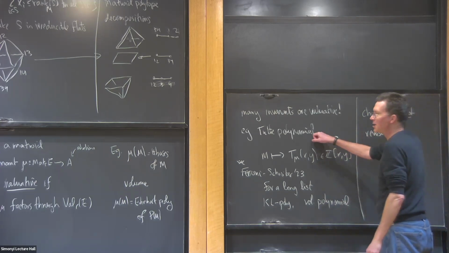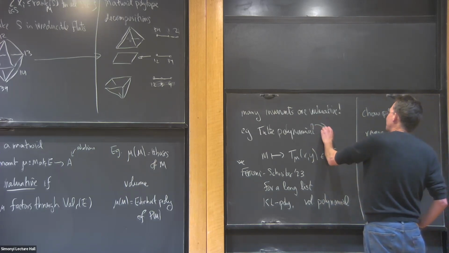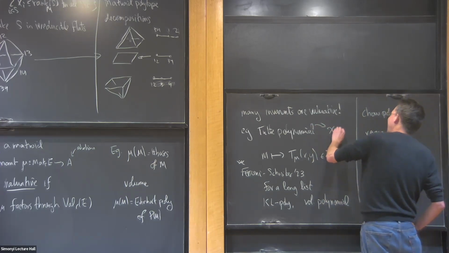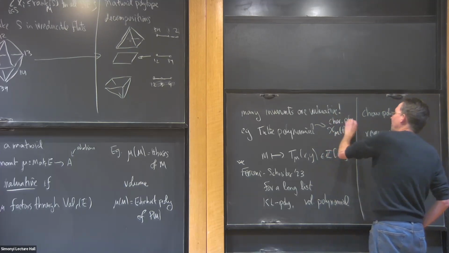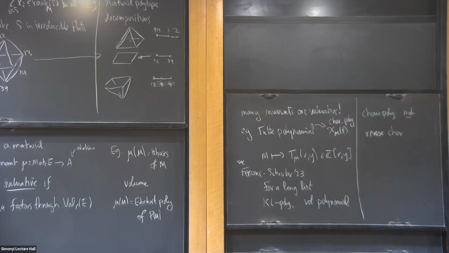Oh yeah, so if the Tutte polynomial is valuative, so is the characteristic polynomial of the matroid.